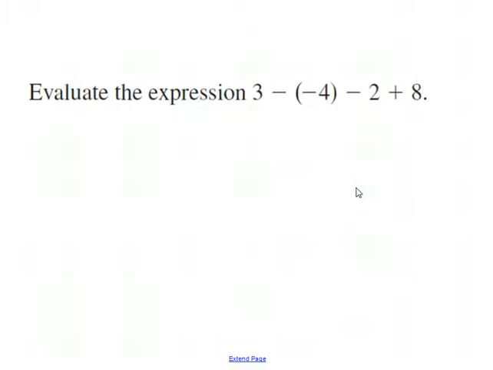So let's put that idea to work here. I've got this expression here with 4 different numbers and operations between each of them. Well, the first thing I want to do is change that double negative to positive. Once I do, I realize I've got 3 positive numbers that I'd like to group together, and then a negative number. This whole problem would be a lot easier if I could get the like terms next to each other.